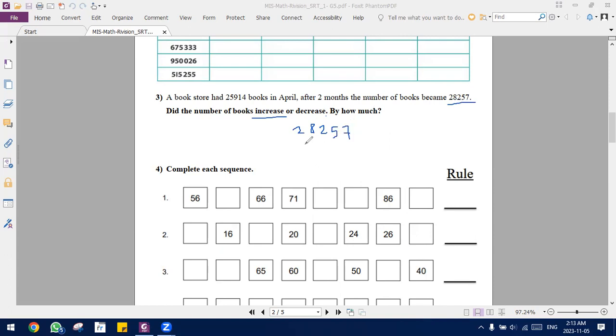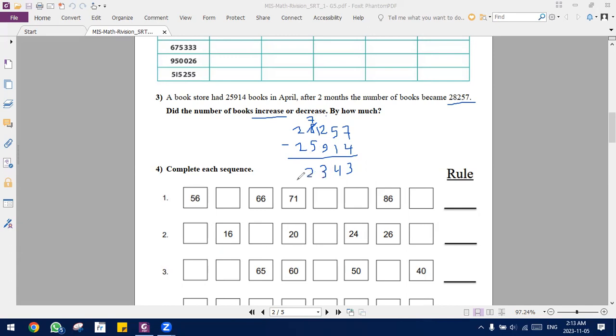How do we find the difference? We subtract minus 25,914. 7 minus 4, 3. 5 minus 1, 4. Now 2 minus 9, I can't. We cannot take 9 from 2. So we borrow from 8. 8 will be 7, and 2 will be 12. 12 minus 9 is 3. 7 minus 5 is 2.